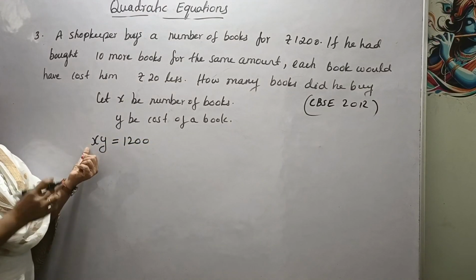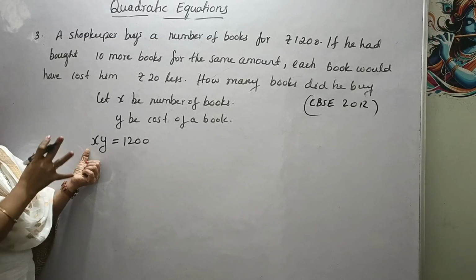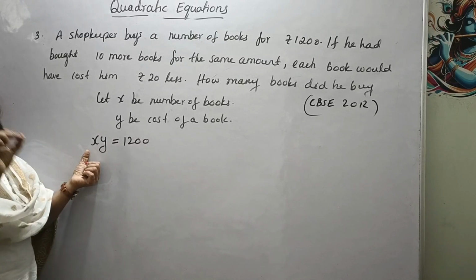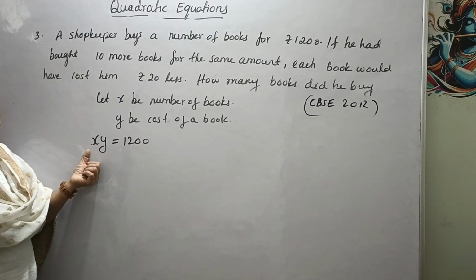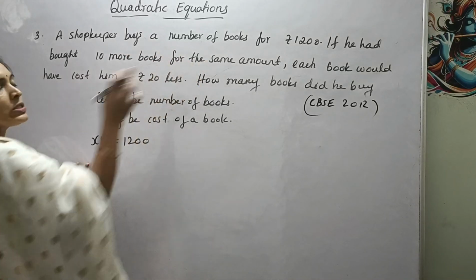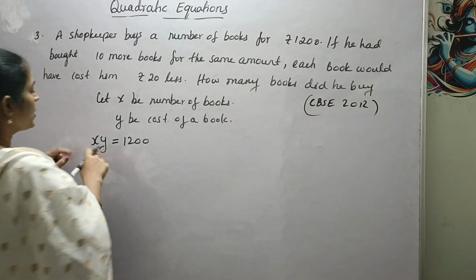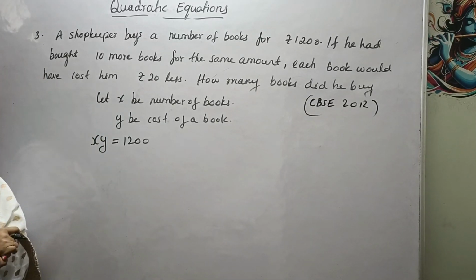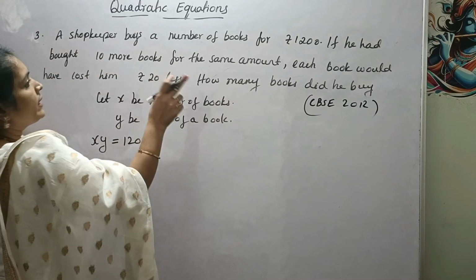Right? x is the number of books, so what is the total cost? x number of books, and y rupees for a book. Therefore, total cost is x into y. And it is given total cost is 1200 rupees. Okay. So x into y is equal to 1200. After that, see, carefully you have to read it.